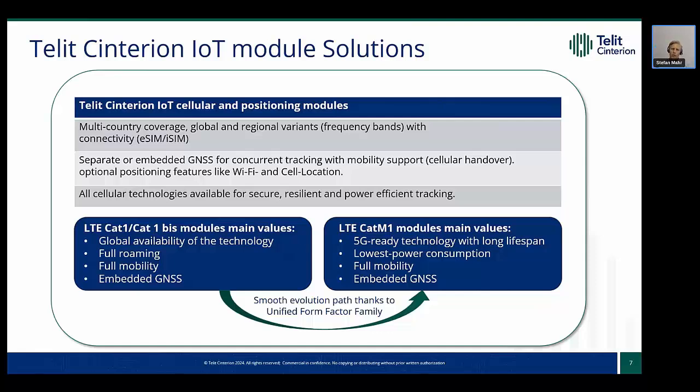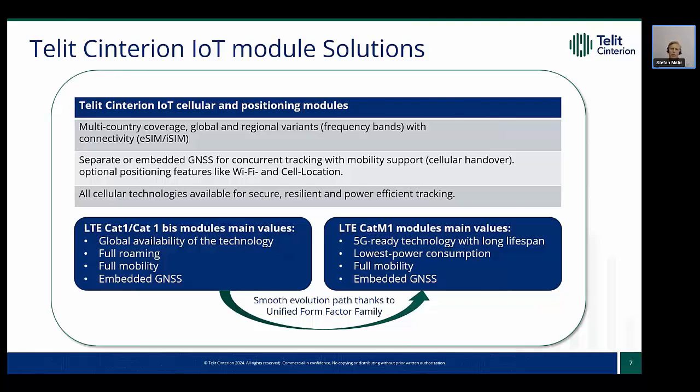Cat1 bis compared to Cat1: LTE Cat1 bis allows designs with one single antenna and lower costs, versus the dual antenna on Cat1, which gives a little more RF performance.